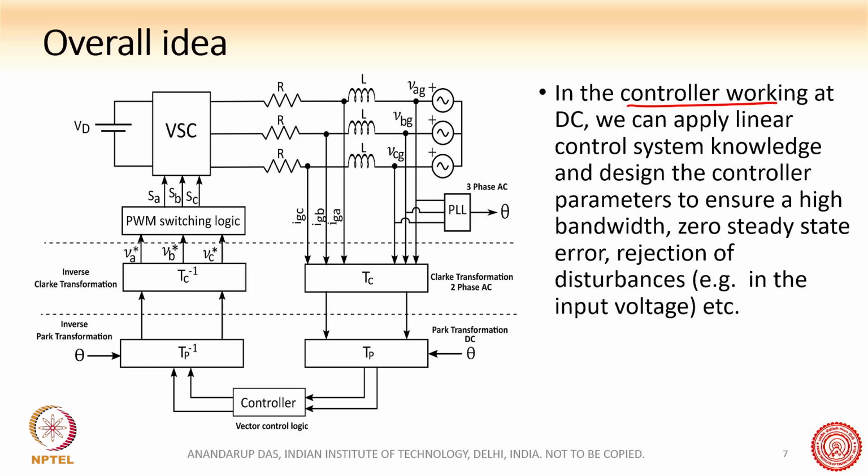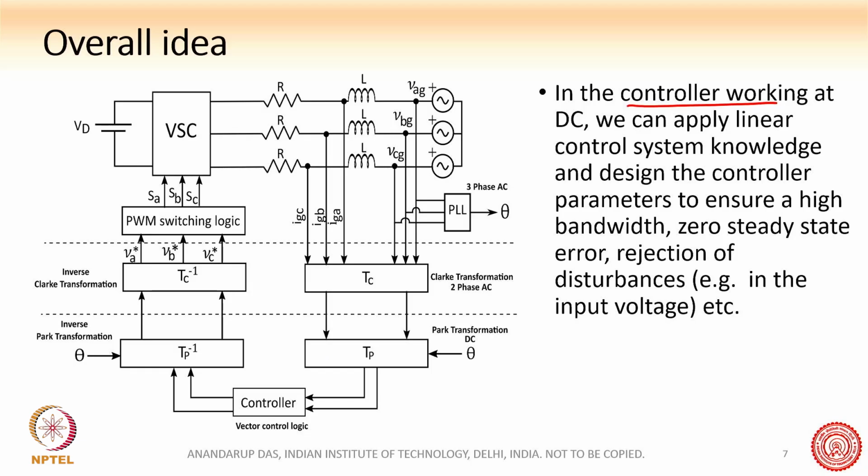We will have a steady operating point, over which we will have a small perturbation, and based on that we will develop a small signal model of the whole plant, and then apply the linear control system theory.